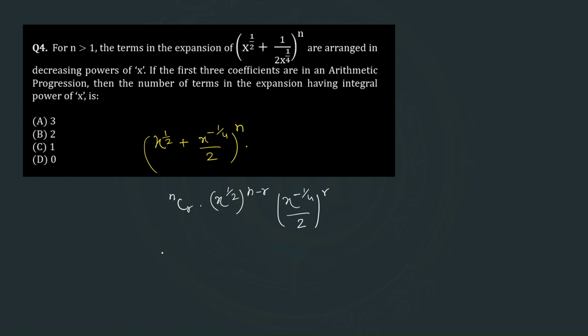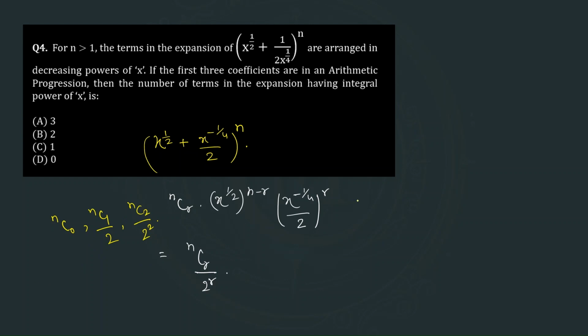So the coefficients of this will be nCr divided by 2 to the power r. So the first three coefficients are in an AP. That means the first three coefficients will be simply nC0 divided by 2 to the power 0, so 1, then nC1 divided by 2, then nC2 divided by 2 square. So these are in AP.